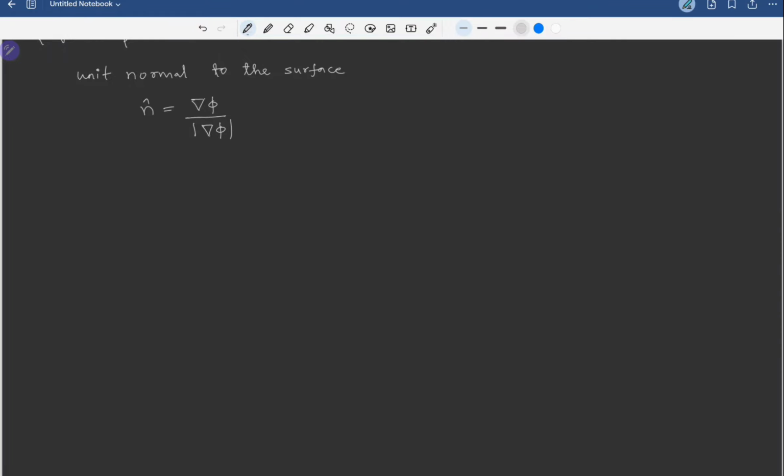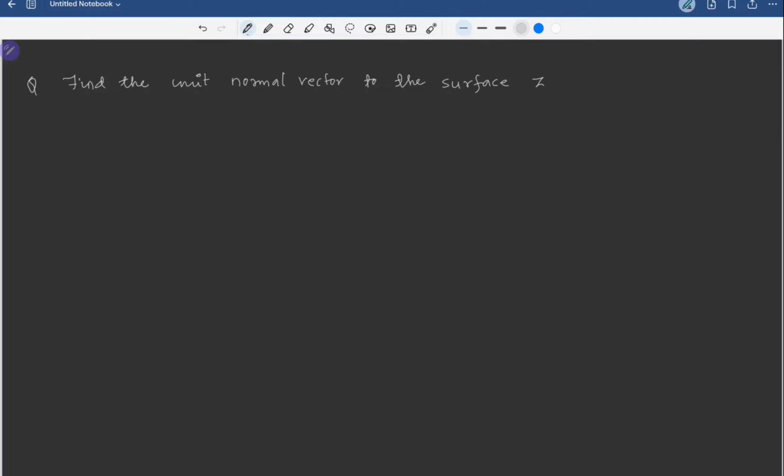So let's tackle some problems. Find the unit normal vector to the surface z is equal to x squared plus y squared at the point -1 comma -2 comma 5.